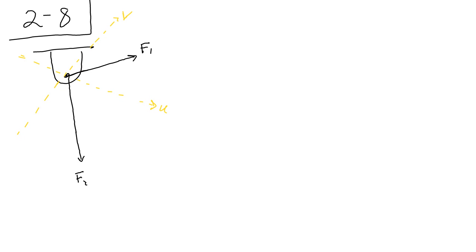For this problem, they give us this angle here, which is 30, and this angle here is 30. They also tell us the whole angle between those is 75. All right, not bad.